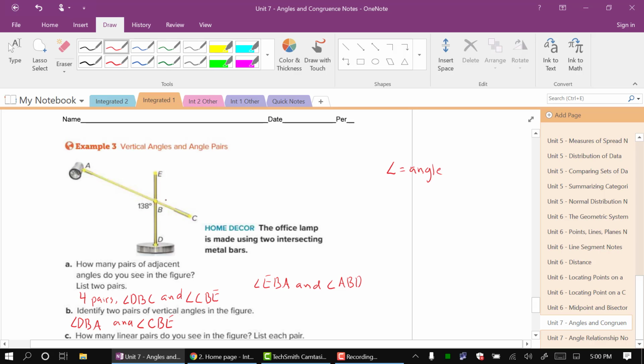So that's this angle right here, this angle right here. Then our other angle would be angle ABE and this angle right here, and then it's going to be this angle down here, angle DBC.